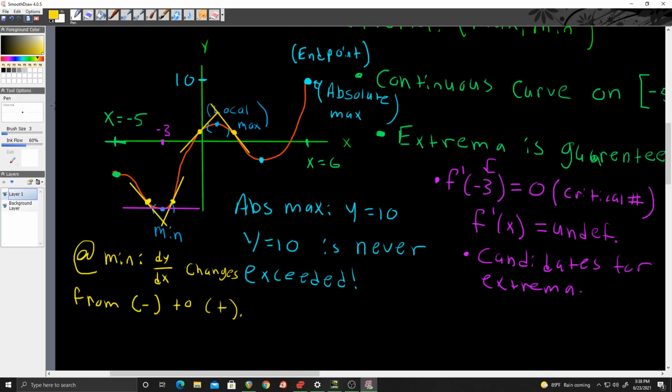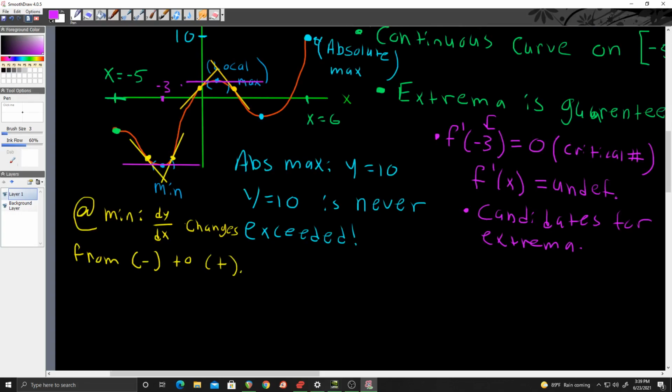And also, like we said, at the max, we have exactly zero slope. So if you're at a maximum, what's going to happen?